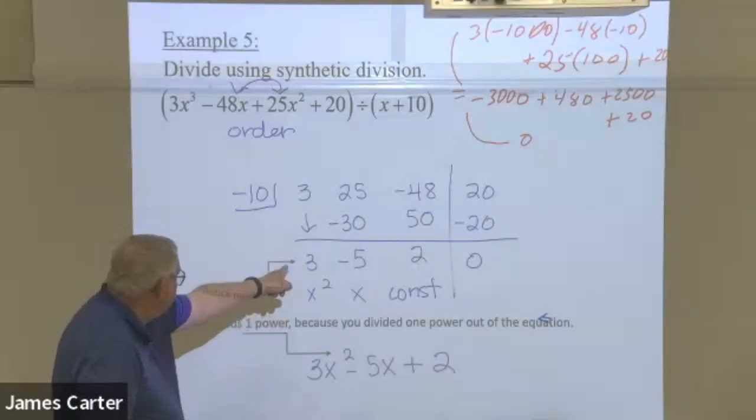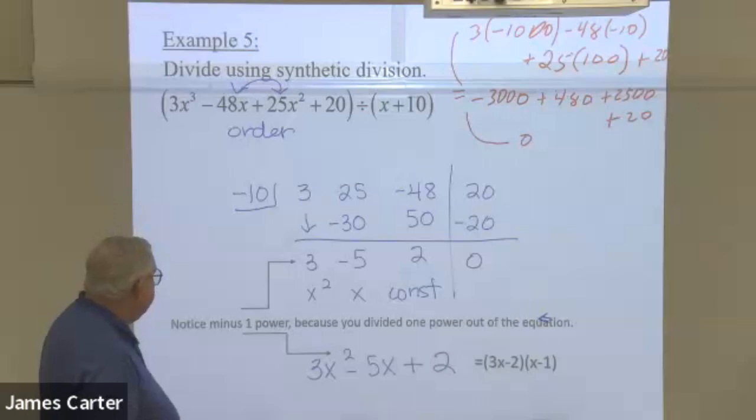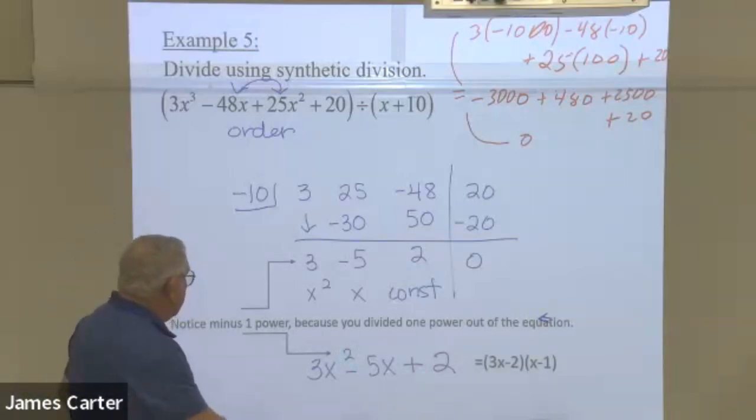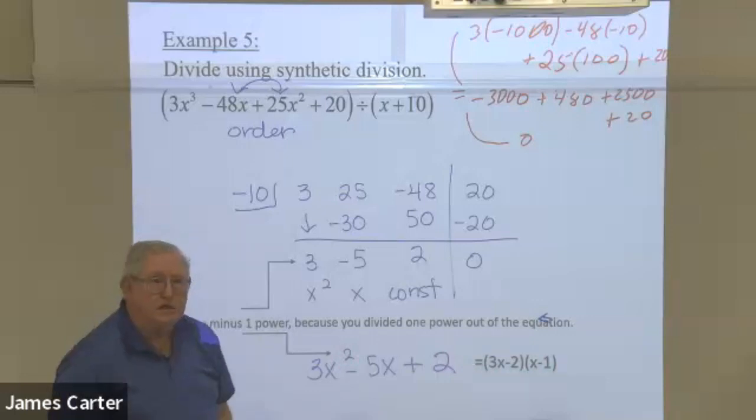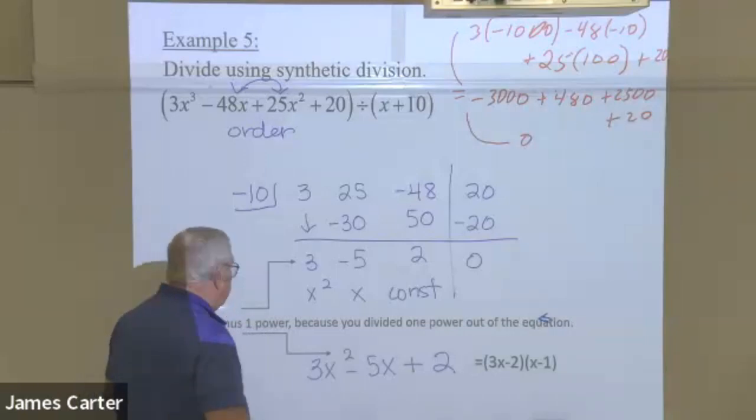Well, here's the equation once you put the variable back in. Okay. This, by the way, now that it's a square, we can factor by normal means, or we could use the quadratic formula.